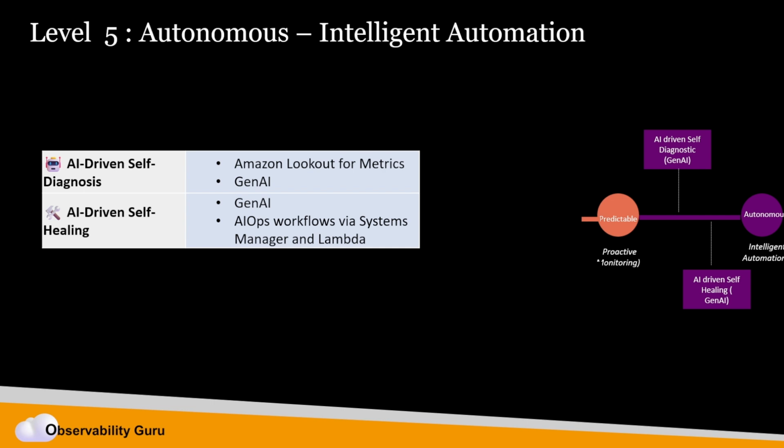We call it self-healing. So we are able to use generative AI to enable self-diagnostics and then self-healing capabilities. So at this level, applications or the systems can withstand failures and are able to self-heal themselves and be typically autonomous.